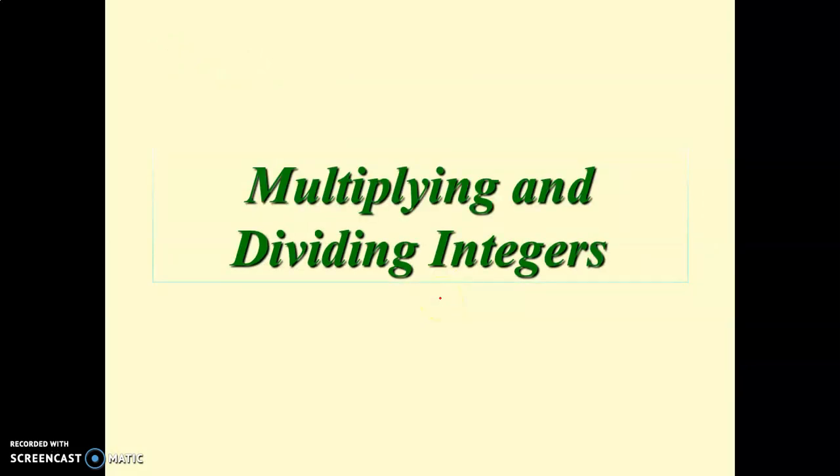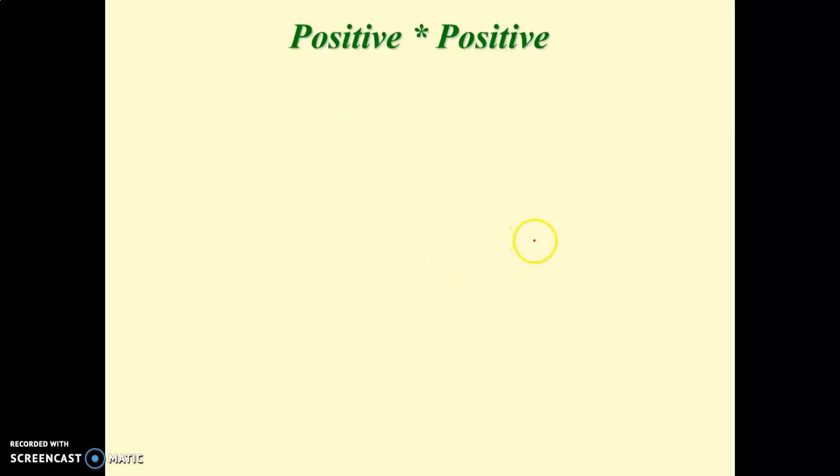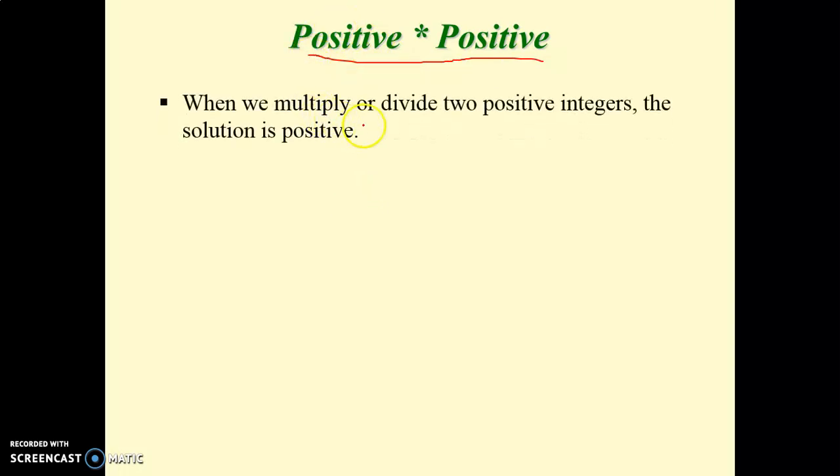Okay? The next one, we're now going to multiply and divide integers. These are a little bit easier than adding and subtracting. Okay, so we're going to summarize the rules in multiplying and dividing integers. If you are going to multiply or divide positive numbers, the sign of the answer is always positive. Example, we have here 7 times 6, that is 42.